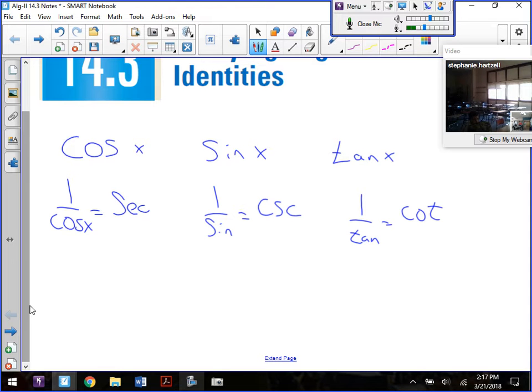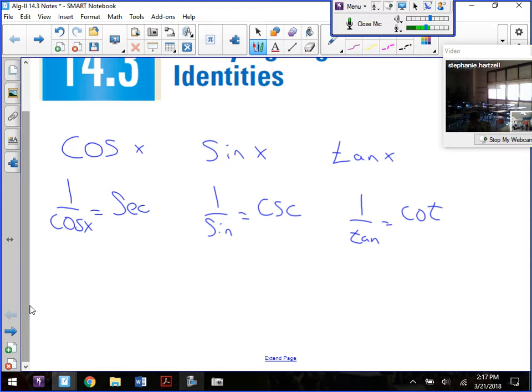Instead of saying 1 over cosine x equals secant x, 1 over sine x equals cosecant x, I can just say 1 over cosine is secant. Is that okay? I'm just shortening up the nomenclature. I'm taking away 25% of your workload. Look at it that way. If you look at it math-wise, you're like, oh, yeah, cool. You're not impressed.